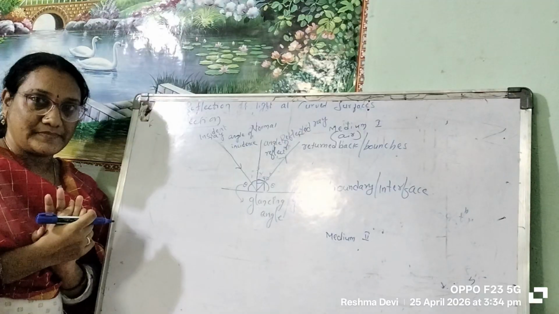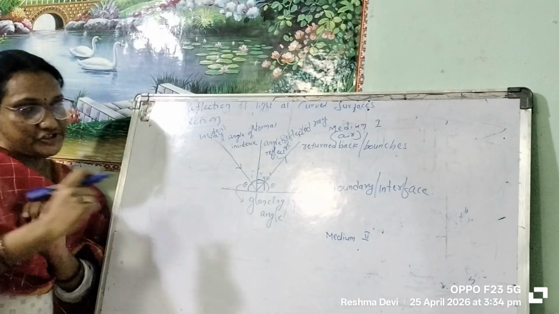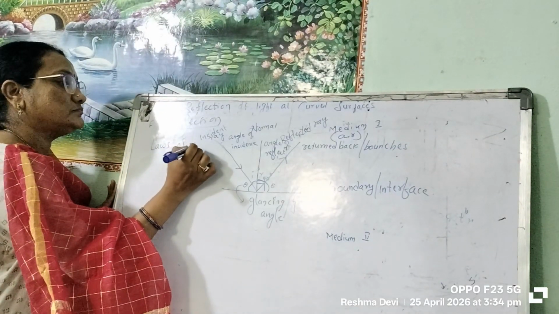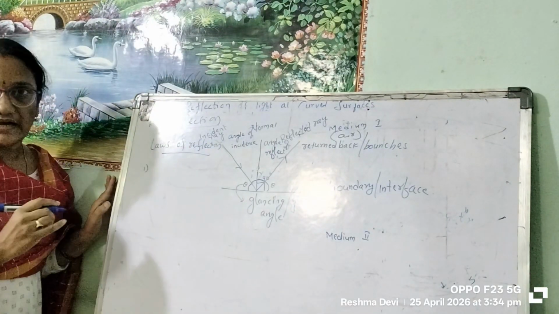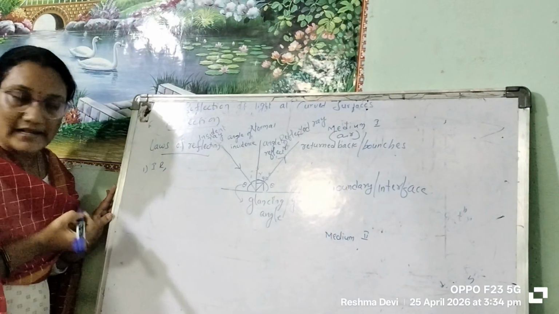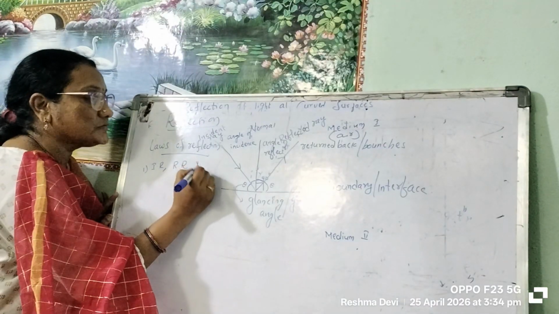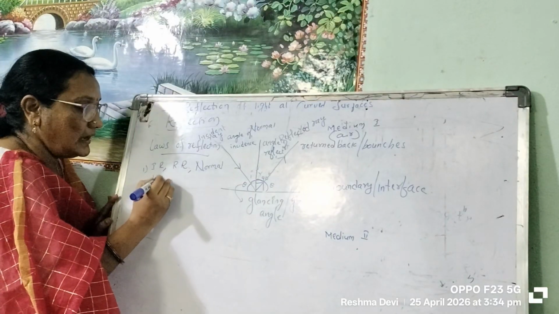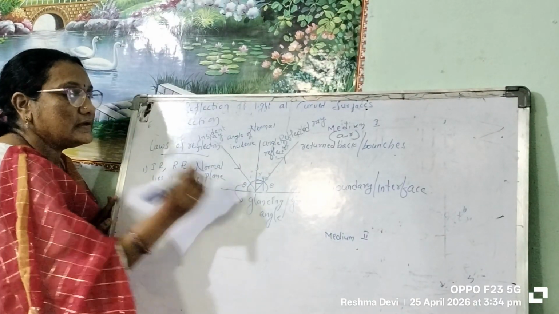Now next, first let us go for laws of reflection. Two laws are there. First law says that incident ray, reflected ray, and normal lie in the same plane.